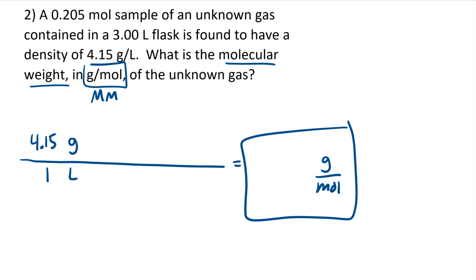So I somehow have to convert these grams per liter into grams per mole with the information given in the problem. You do know something. You know that the volume of the flask is 3 liters, and that inside of those 3 liters is 0.205 moles of this gas.